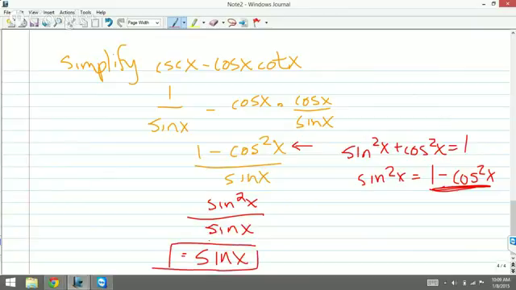How did you get the sine squared x over sine x? This, you know where I got this part? You good there? This identity, you're familiar with from yesterday, right? If I subtract cosine squared from both sides, I get sine squared x equals 1 minus cosine squared, right?